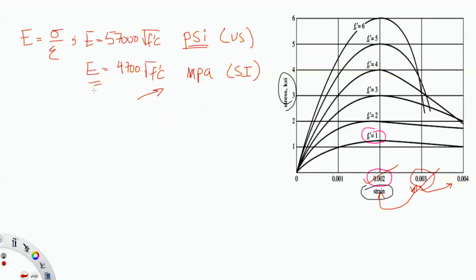That's why in a high-rise building, the engineer will specify a very high value of f'c. Usually f'c ranges between 3,000 to 4,000 PSI for normal concrete, but for high-strength concrete, we usually go to 6,000 PSI.